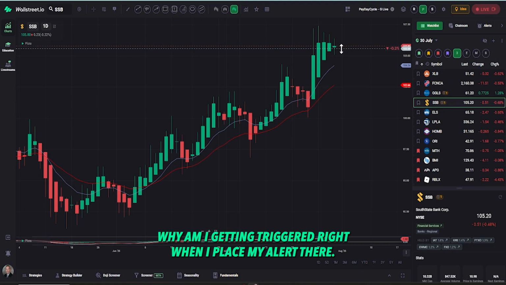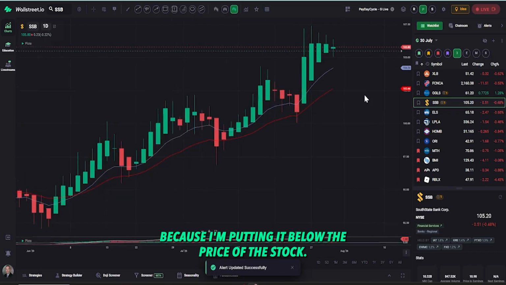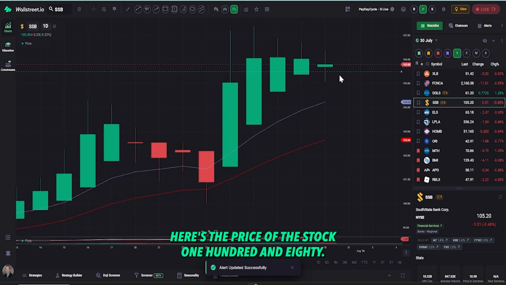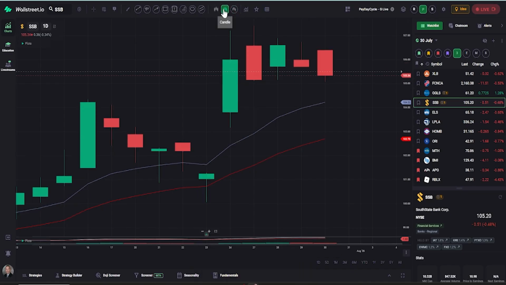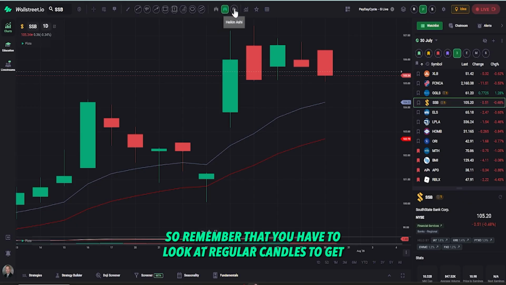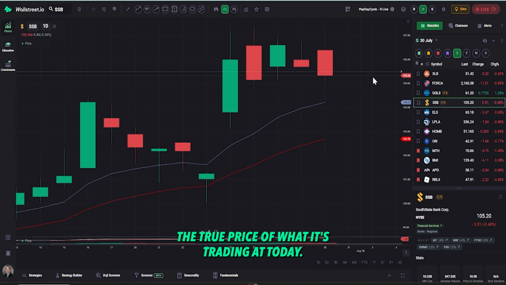Why am I getting triggered right when I place my alert there? Because I'm putting it below the price of the stock, right? Here's the price of the stock, 105.8. Well, if that's my trigger, guess what? The actual price is right here. So remember that you have to look at regular candles to get the true price of what it's trading at today. Does everybody get that?